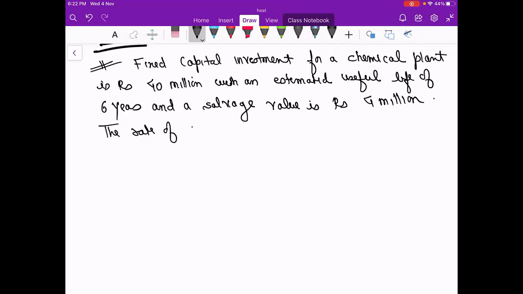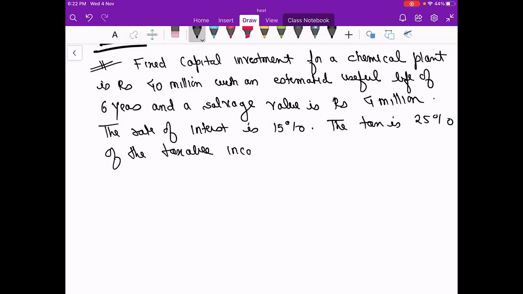The rate of interest is 15%. The tax is 25% of the taxable income.